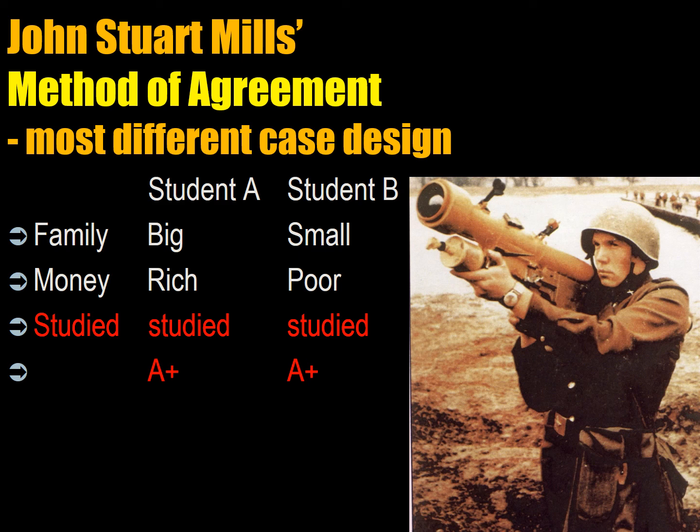So you could use these types of structures to control for variables when you select your cases. And the more competing crucial variables you can control for, the more likely you are to increase confidence in the variable of interest that you want to show has a relationship. Here you can see a Soviet soldier with an SA-7 surface-to-air missile.